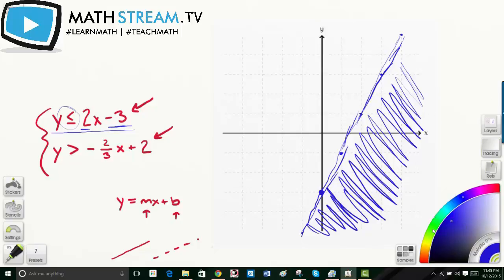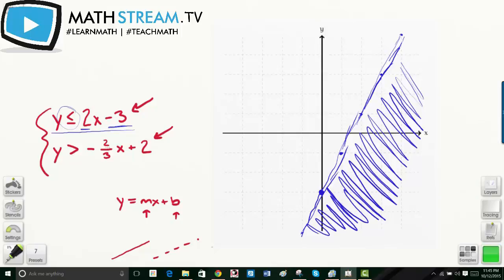Okay, now we're not done because we've only graphed 1 of our lines. So let's take green now and graph this one on the same coordinate axis because it's a system. We know that the y-intercept is +2, so we go to the origin and go up 1, 2.